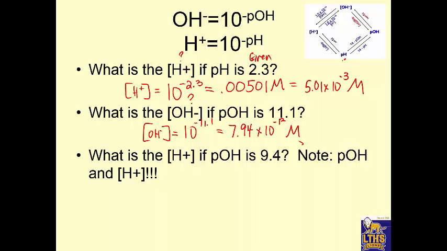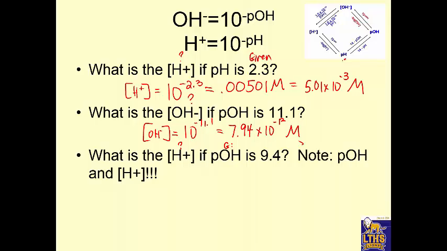All right, now this next question says, what is the H plus? And I'm given pOH. All right, so I'm given pOH, I'm here, but I want to find H plus. So I've got to go 2 steps around the diamond. I could go up or I could go down.